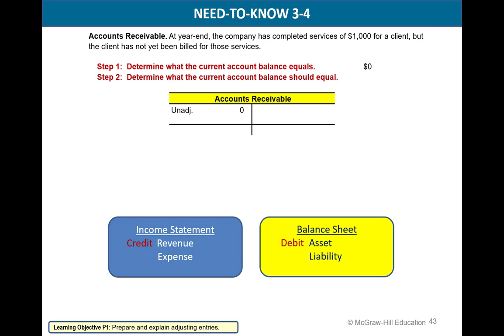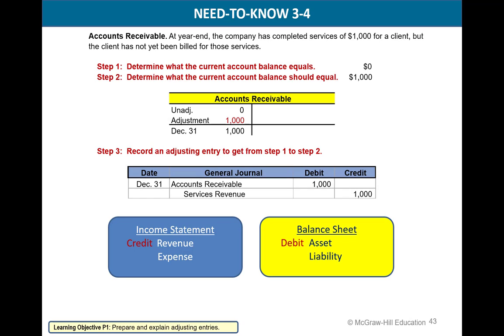Again, we had $1,000 that we completed, so we should have a $1,000 balance in this accounts receivable. No money ever gets into an account unless there is a journal entry to make that happen. The journal entry we need is to debit accounts receivable for the $1,000 and credit service revenue for the $1,000. That puts my $1,000 adjustment in there, brings my true balance to $1,000, and I'm good.